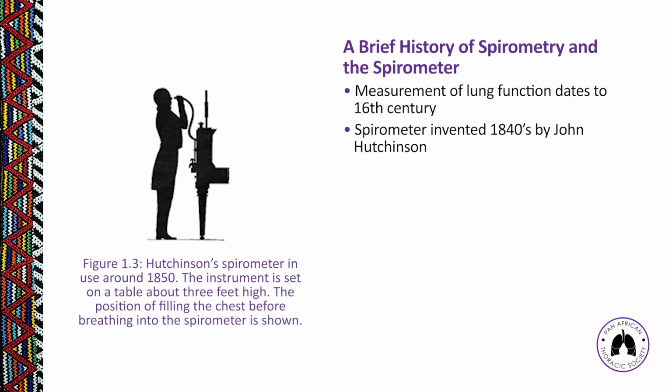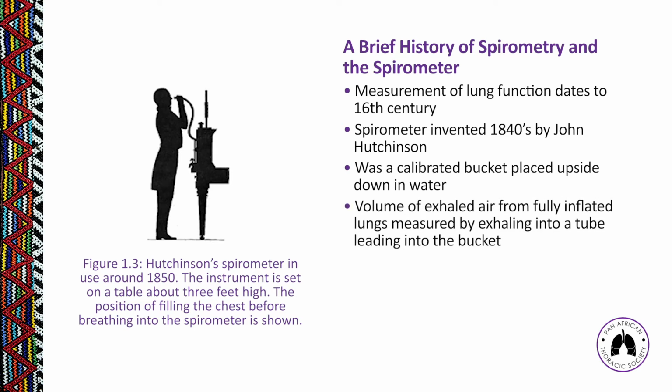The device that he used at that stage was essentially a calibrated bucket that was placed upside down in water, and then the volume of air exhaled from fully inflated lungs could be accurately measured by exhaling into a tube leading into the bucket of water.